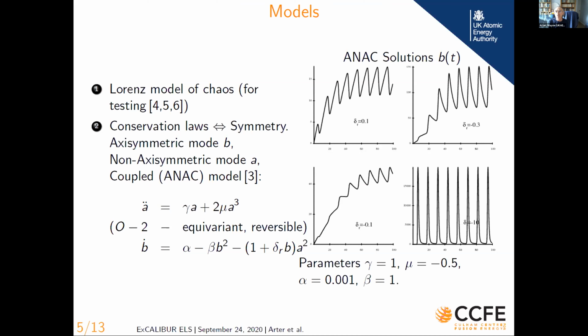The variable denoted A is a simple nonlinear oscillator for negative values of the parameter gamma. Note that the simplicity of ANAC comes from making symmetry assumptions, and that these symmetries correspond ultimately to conservation laws. So there is an admittedly limited physical justification for the ANAC model.